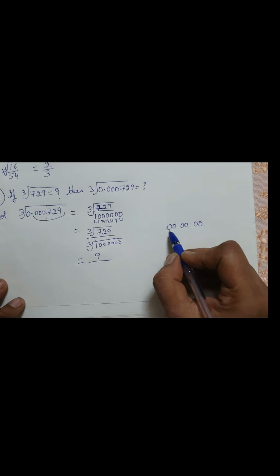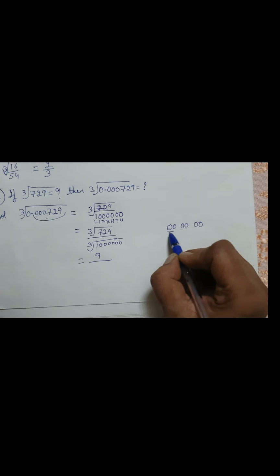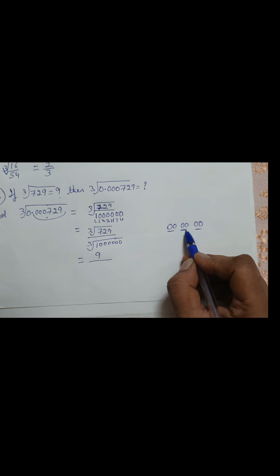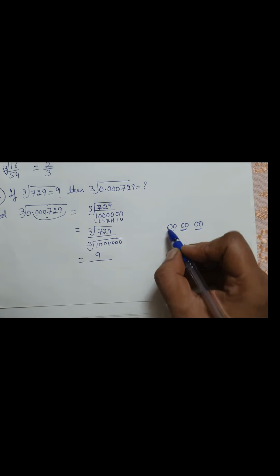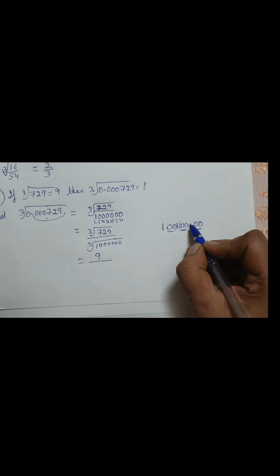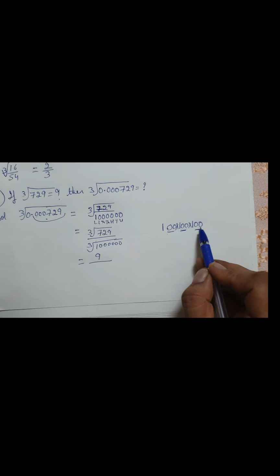Okay. Now, there is 2 zeros here, 2 zeros, 1 pair, here second pair and here third pair of 2 zeros. Okay, 1 pair, second pair and third pair. So we will just put 1 in front of them and multiply by 1, again multiply by 1. So this became 100, multiply by 100, multiply by 100.